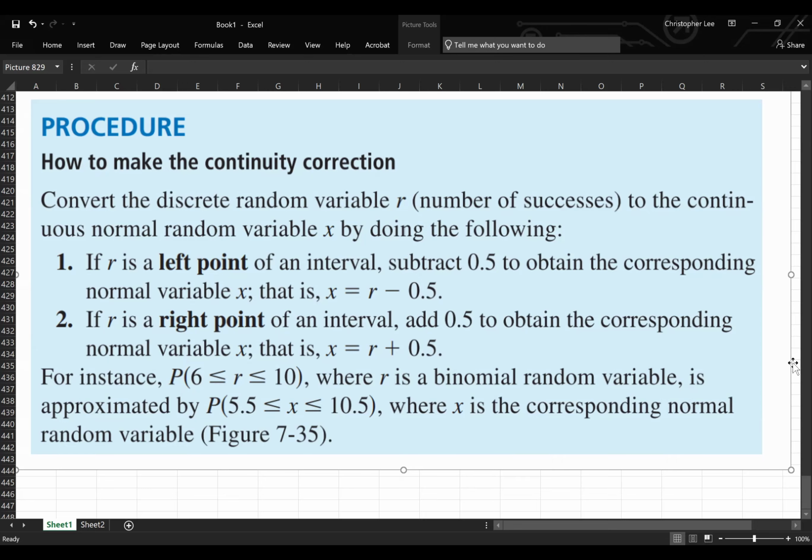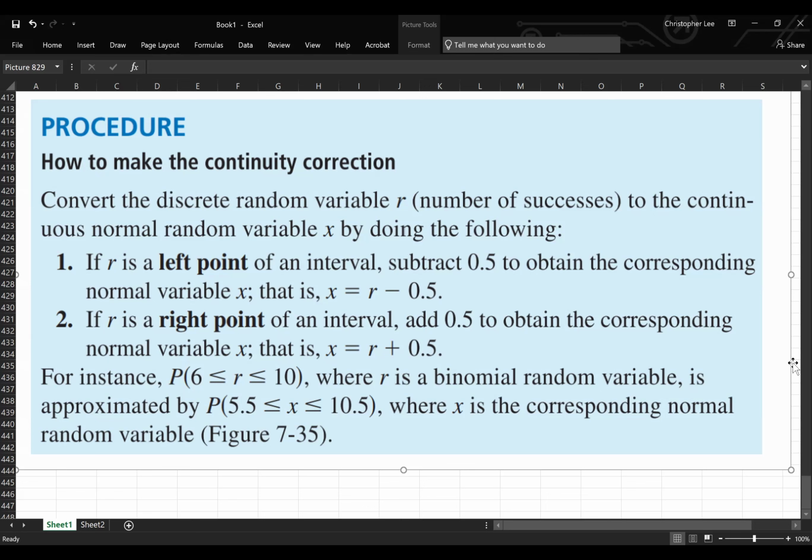For example, all right, let's say I ask you what's the probability of 6 less than or equal to r less than or equal to 10, where r is a binomial random variable, right? Is approximated by, now look, you have r less than or equal to 10, right? So 10 is on the right-hand side, right? So you want to move that over.